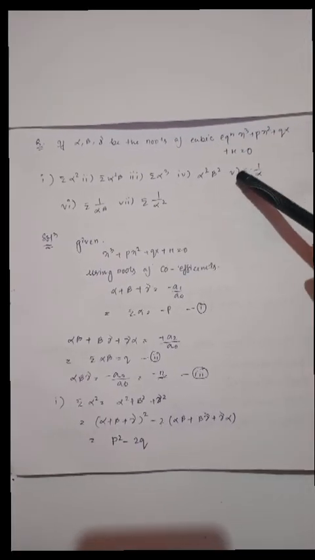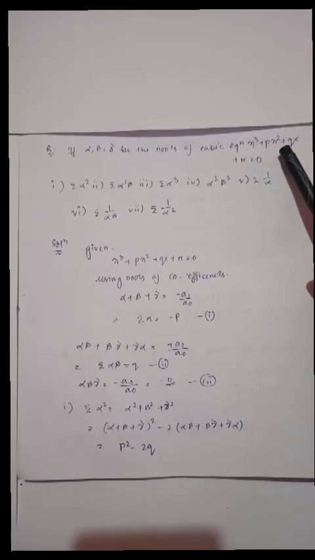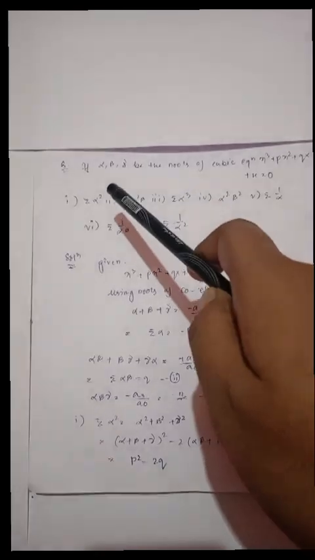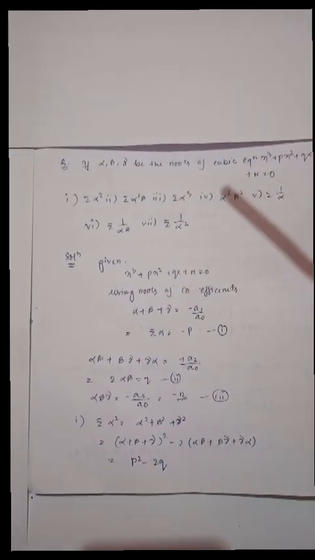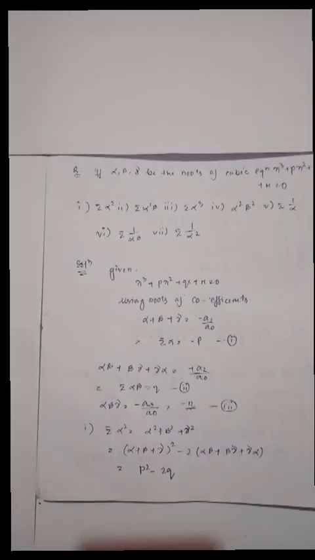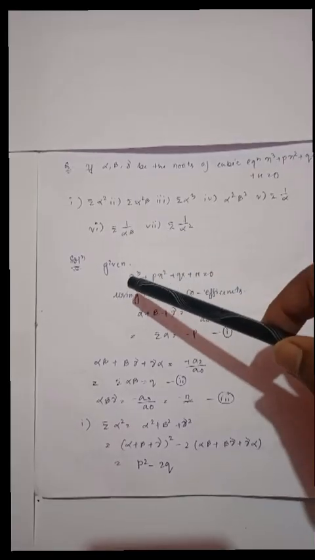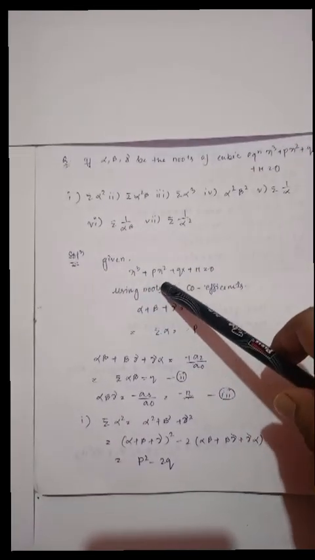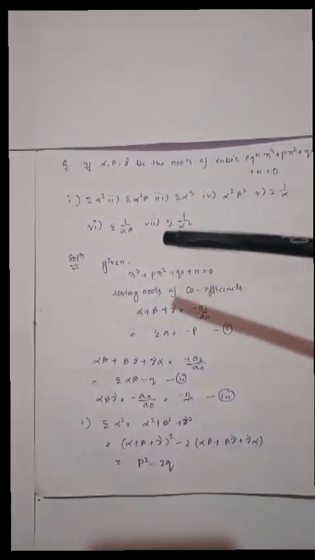We have to find the roots of the cubic equation x cube plus px square plus qx plus r is equal to 0, where the roots are given as alpha, beta, gamma, and we have to find all these expressions. So let's start the process. We take the equation x cube plus px square plus qx plus r is equal to 0.